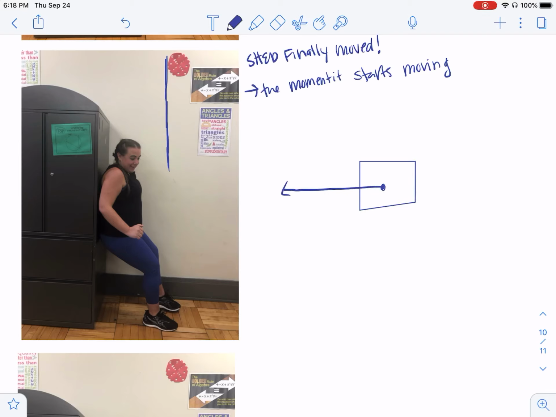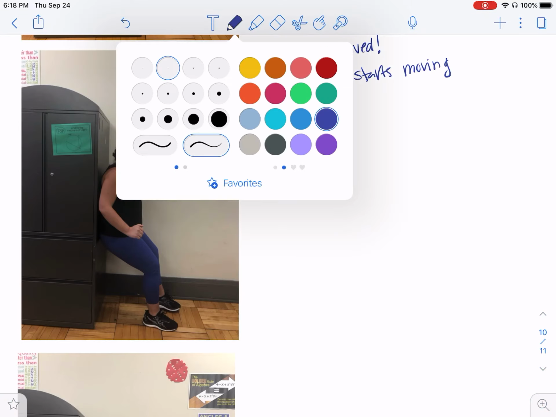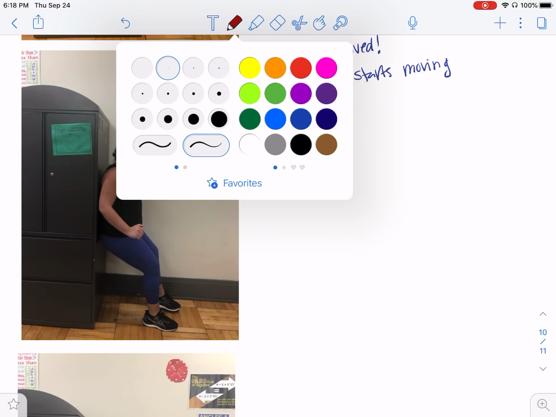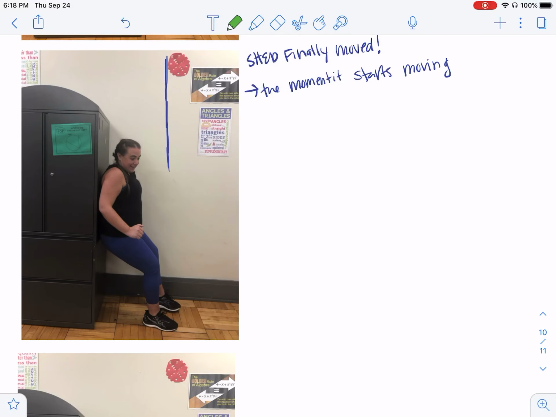I'm going to go ahead and make my FA even bigger. Oh, I should change colors. We're doing a new situation now. So I'm going to make that FA really big because I'm pushing with everything that I have now.